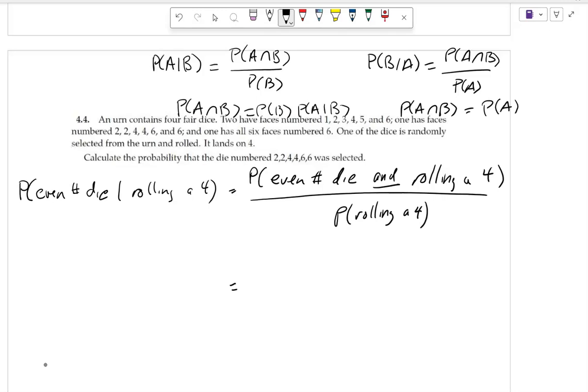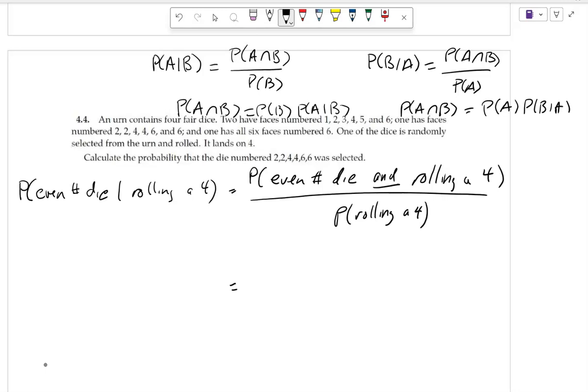It's probability of A, probability of B given A. And this is what I mean by using the conditional formula to flip your conditional, right? We started with this conditional, used our probability formula to get to here, right? But now I want to use the reverse conditional, the one that I can actually compute.